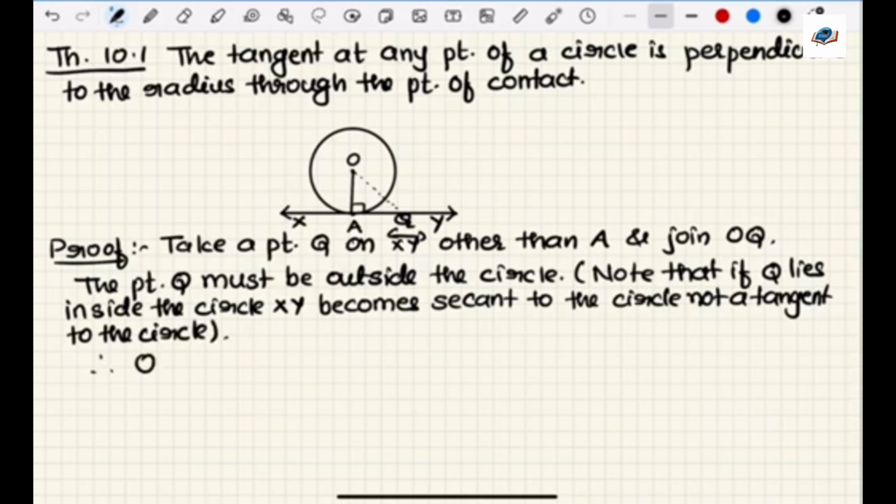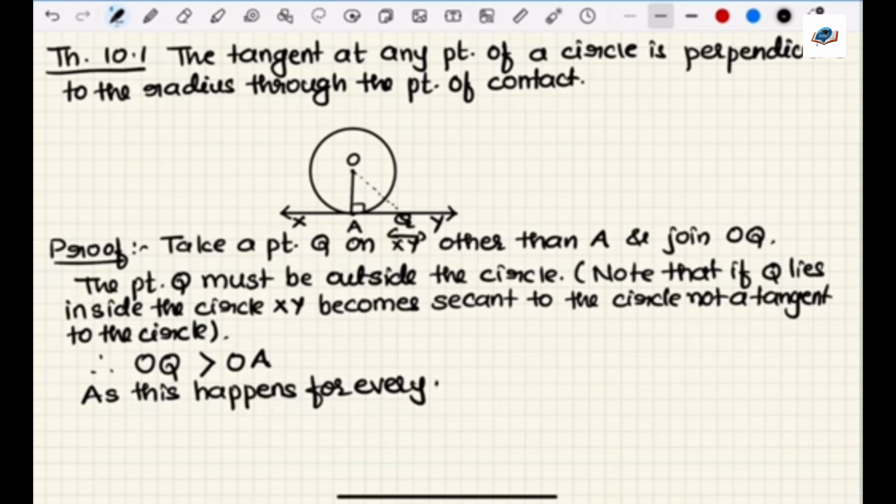So therefore, I can say that OQ will be greater than OA, as this happens for every point on the line XY other than point A.